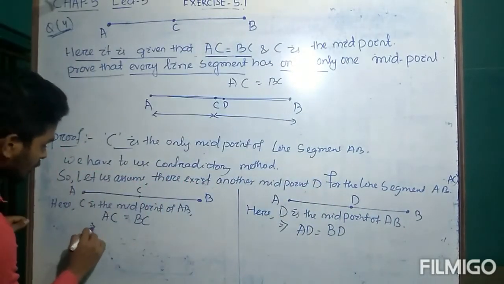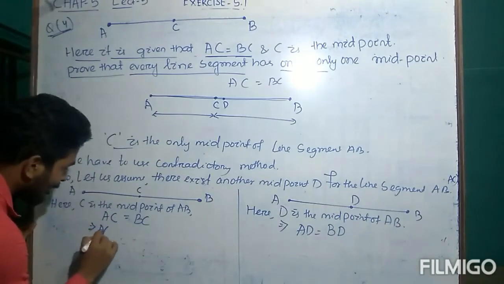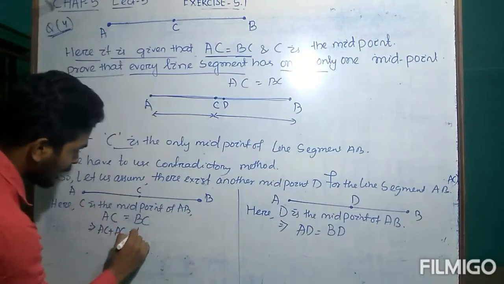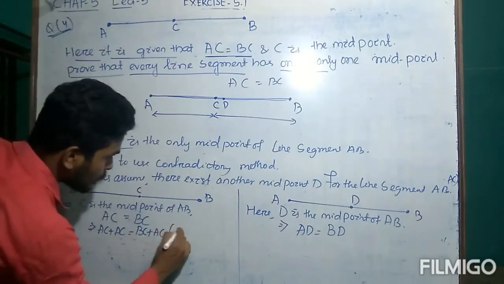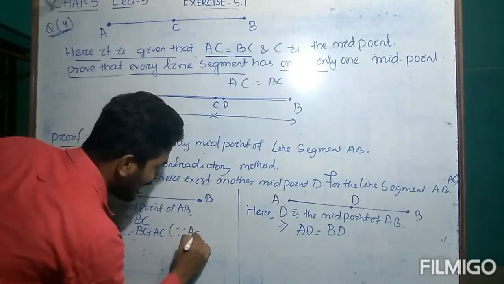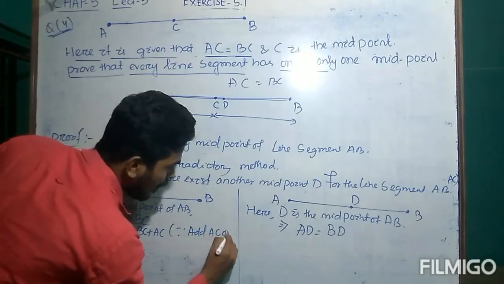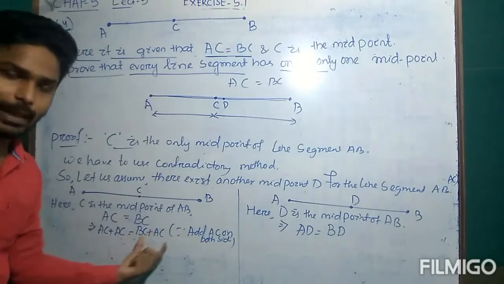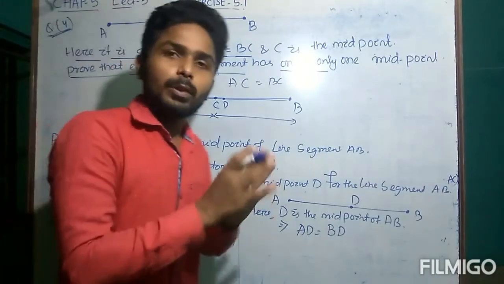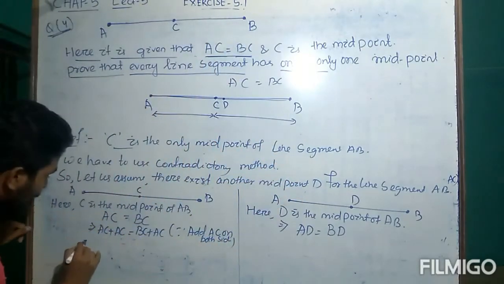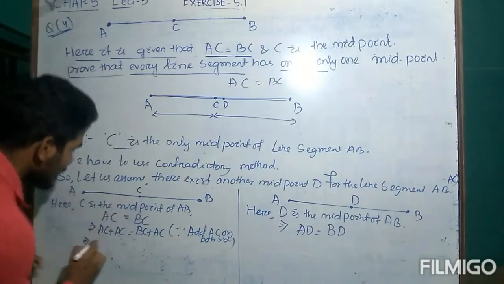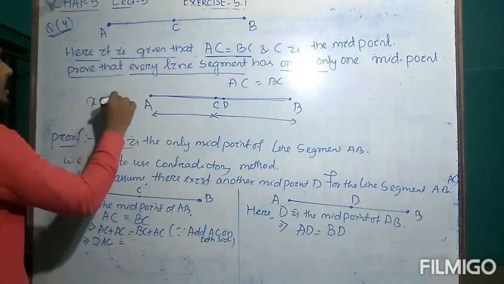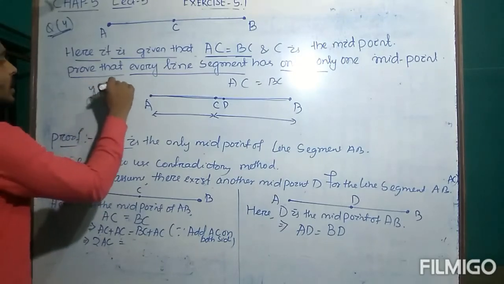Now do one thing: add AC on both sides, BC plus AC. We add AC on both sides so that the equation remains balanced. Now AC plus AC is 2AC, because x plus x is 2x, y plus y is 2y.